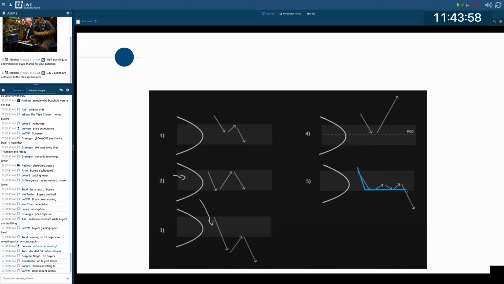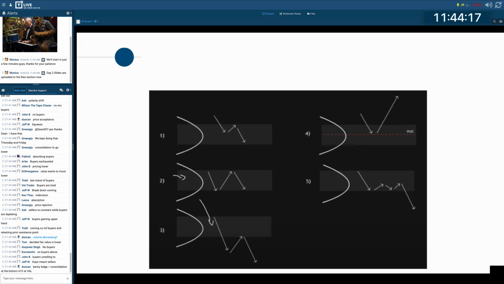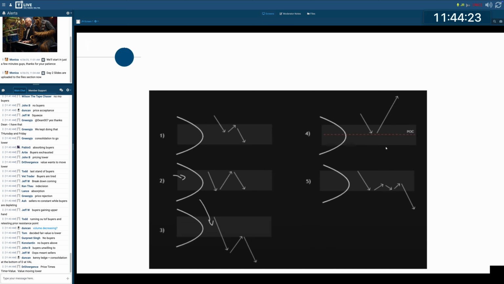That's what a Kenny ledge is when buyers are just unable or unwilling to give you a symmetrical rotation to top of value. And then what happens? It rolls over and dies, right? So those are the five primary transactional modes of the value area rotation.